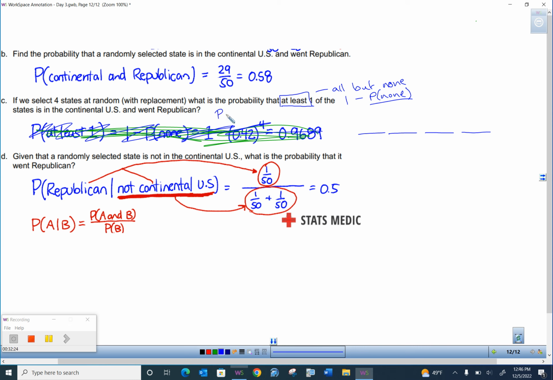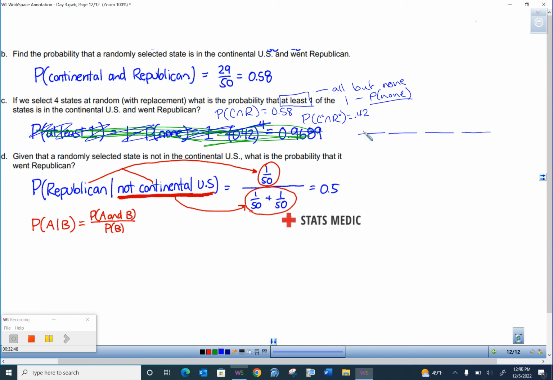So probability continental and Republican, we decided was the 0.58. Then the complement of that is just the leftovers, 0.42.